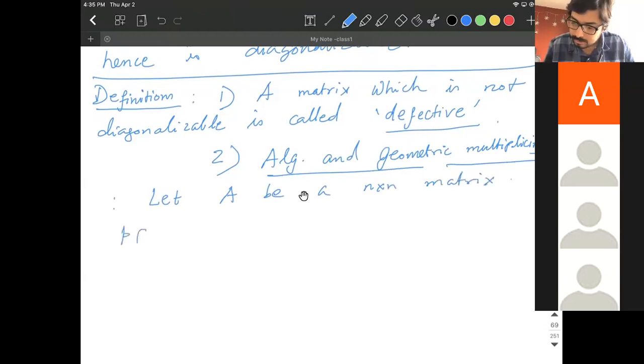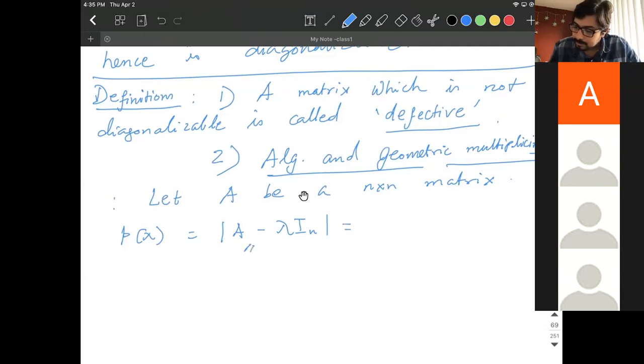Then you know that the characteristic polynomial is simply the determinant of A minus lambda I. Over either the real or the complex numbers, this is (-1)^n lambda^n plus c1 lambda^(n-1) and so on up to cn.